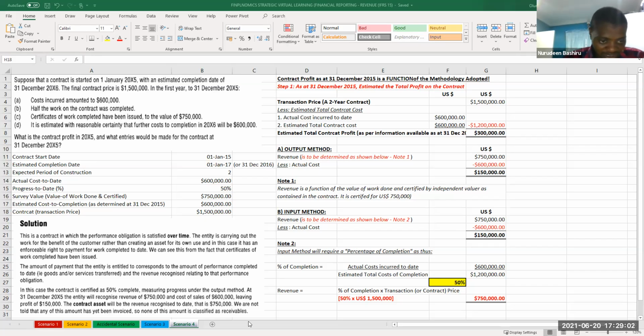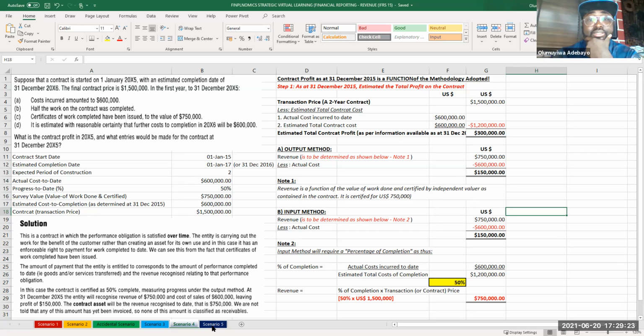The contract assets will be the revenue recognized to date, that is $750,000. We are not told any of these amounts has yet been invoiced, so none of this amount is classified as receivables. Okay. We are still going to come back to distinguishing between contract liability, contract assets, and receivable.